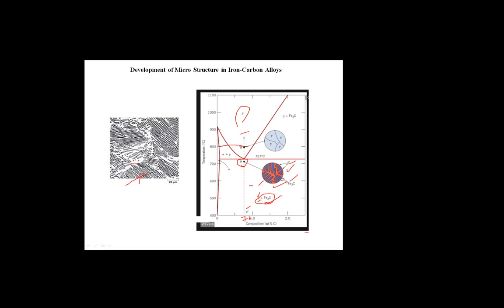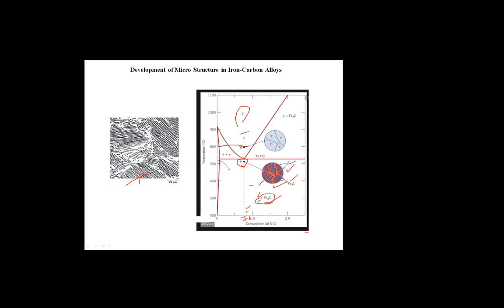This is the same as for the eutectic structure we discussed earlier, because the composition of the parent phase, austenite, is 0.76 percent, which is different from either of the product phases: ferrite at 0.022 weight percent carbon, and cementite at 6.67 weight percent carbon.